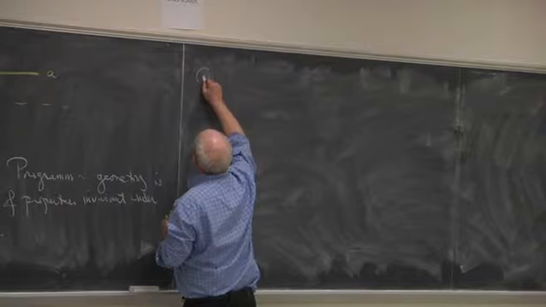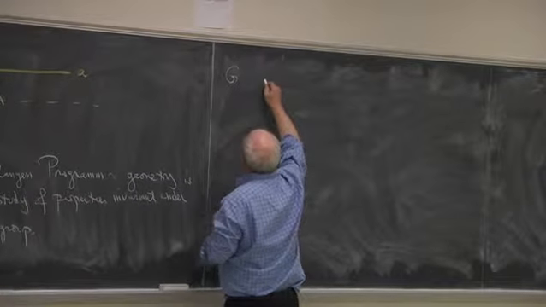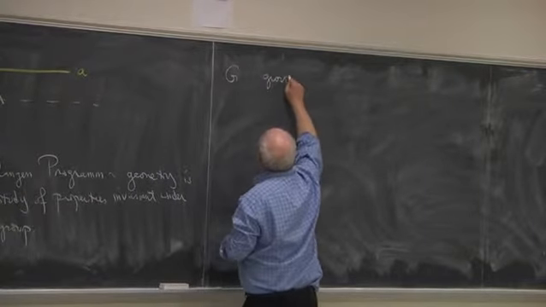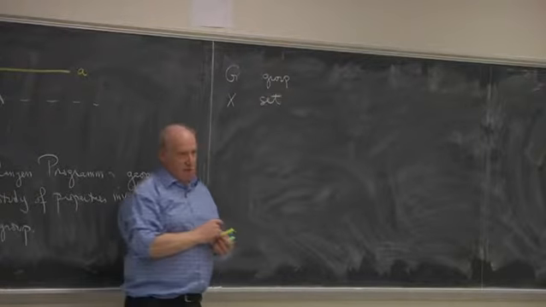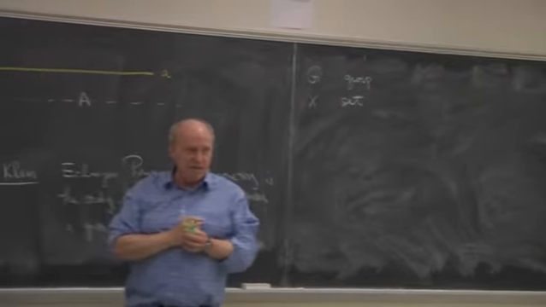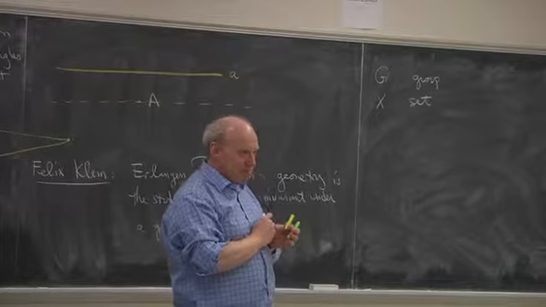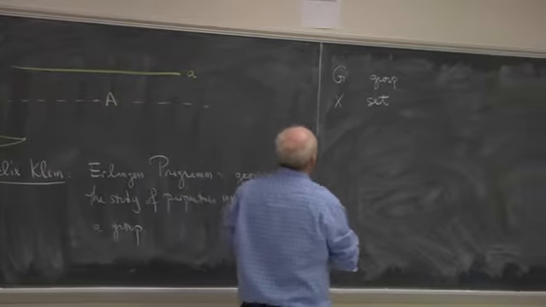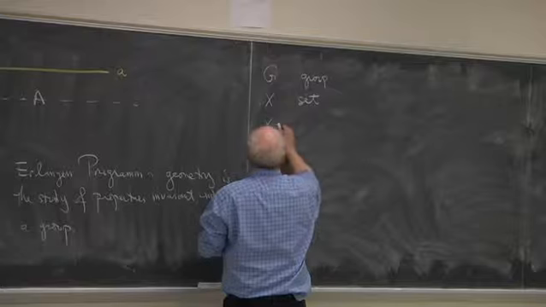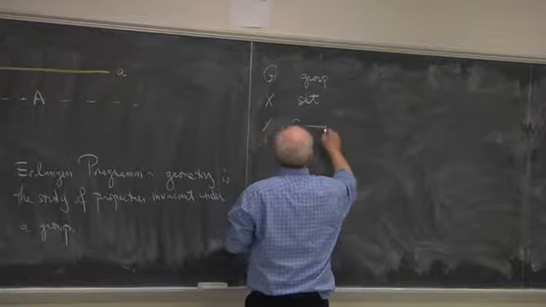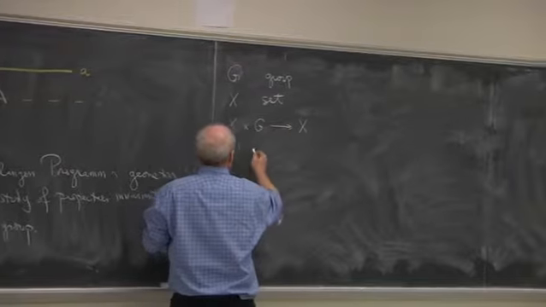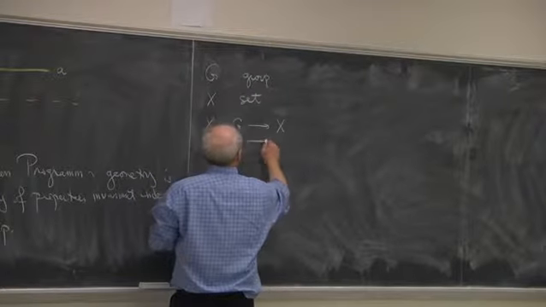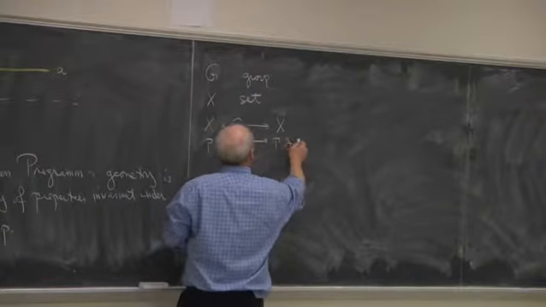So let me just review a few concepts. If G is a group and X is a set, does everyone know what it means for the group to act on the set? The group acts on the set means that we have a map, say it acts on the right: given a point P and an element G of the group, we get a new point in the set.